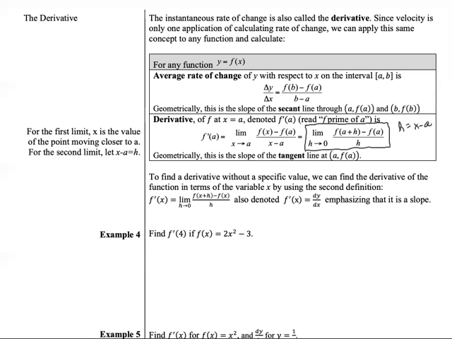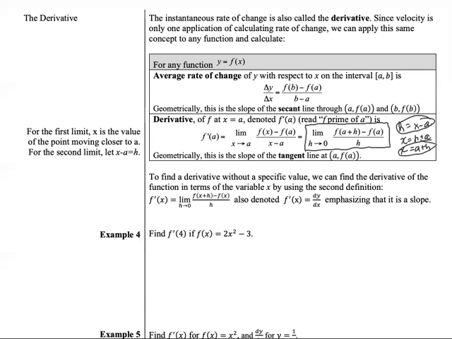So we have f of a plus h minus f of a all divided by h. Essentially anywhere there was an x, we replaced it with, if h is x minus a, then x is h plus a, or a plus h. So we replaced all of the x minus a's and x's so that we have only h and a.